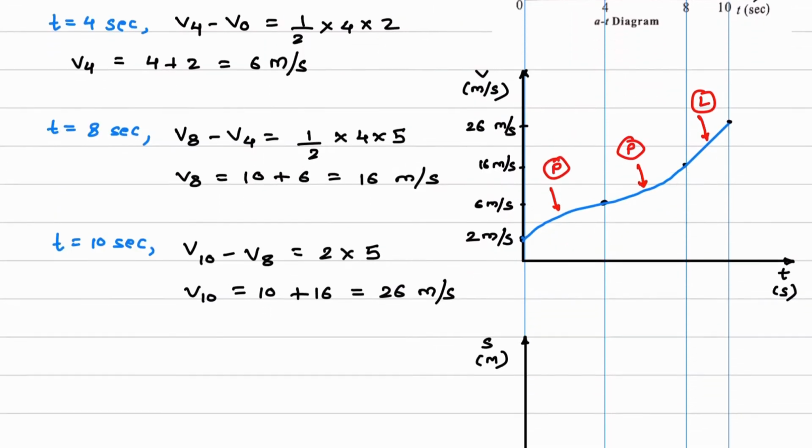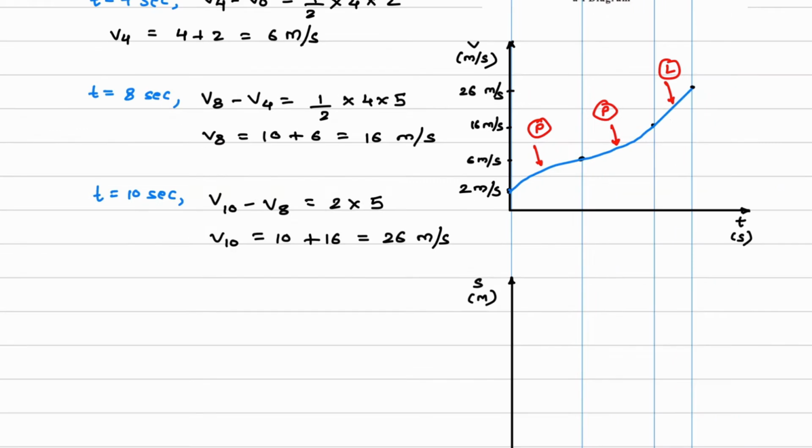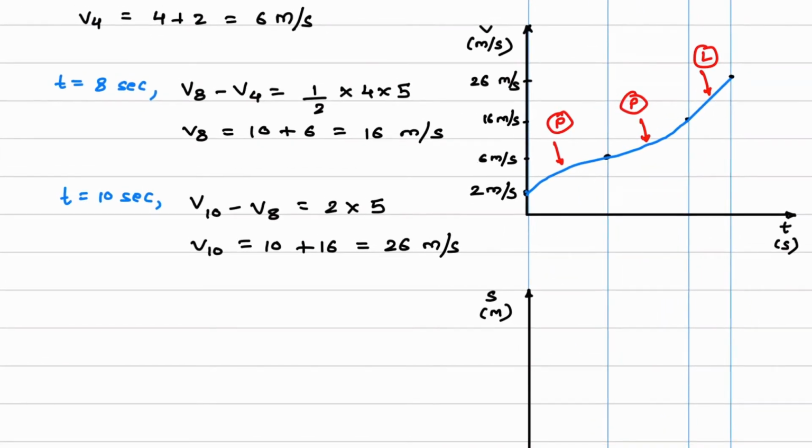Now the next part asked in the question was the s-t diagram. So we will write down the s-t diagram. In case of the s-t diagram, we can use the v-t diagram to draw it. So what is the change in displacement? It is the area under the v-t diagram.